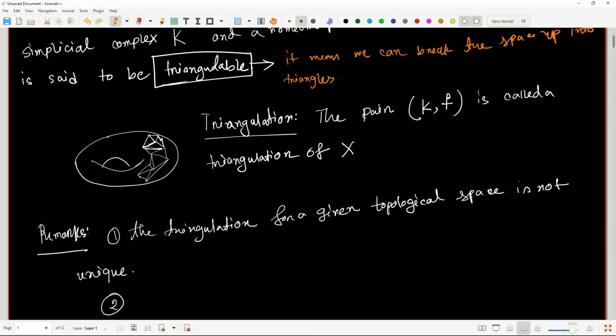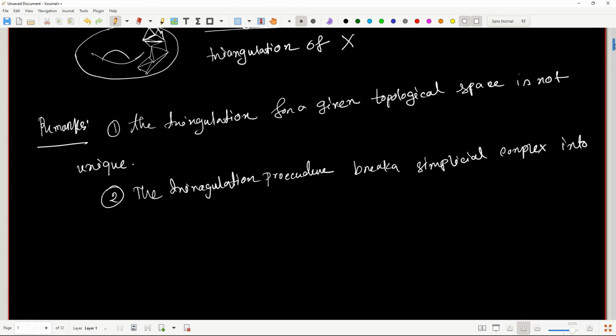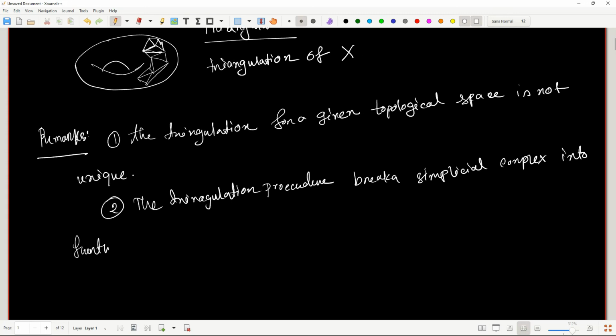And remark number 2 is that the triangulation procedure breaks a simplicial complex into further components that are also simplicial complexes.